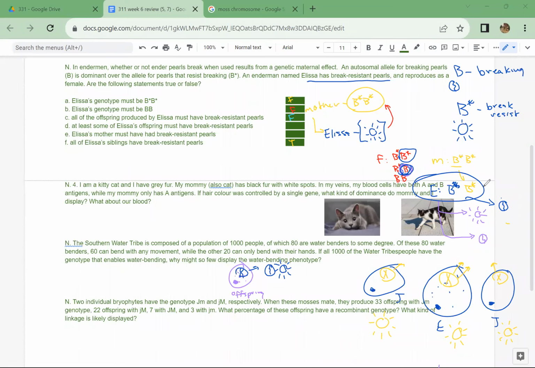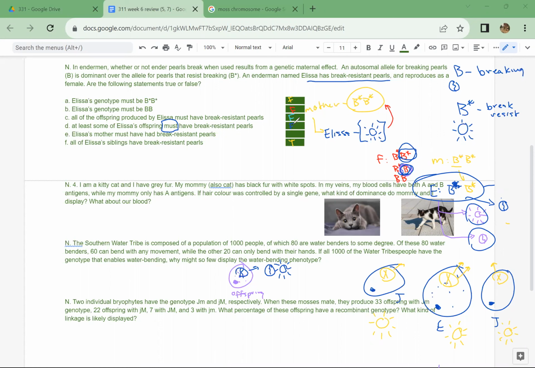In this case, the genotype of Elisa, who is now the mother, is breaking, and therefore the offspring display the phenotype of breaking pearls. It could be that Elisa got the B star, and therefore created non-breaking pearls. We can't know, but because we can't know, we cannot say that it is true that it must happen. False.